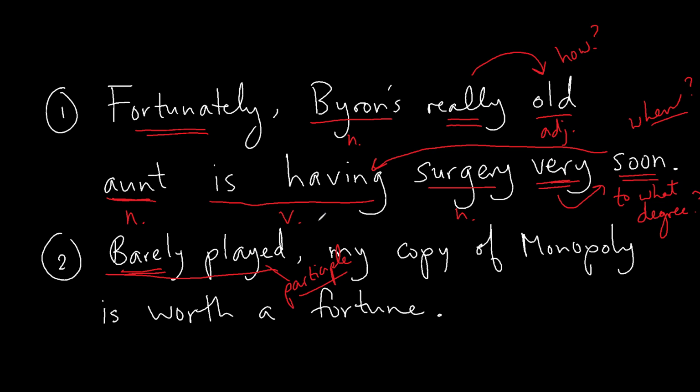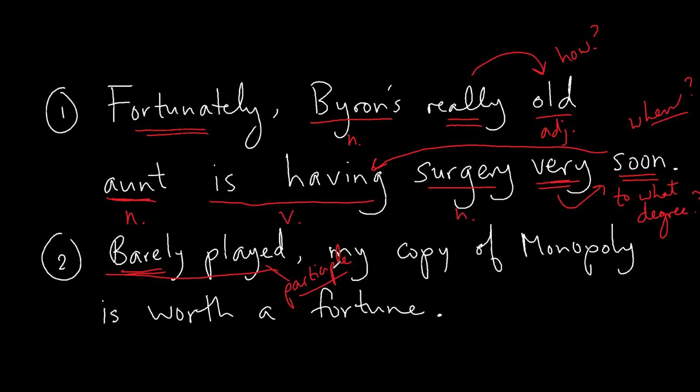So played to what extent, to what degree, barely played. And now we've seen in practice all the uses of adverbs. You can use it for a whole clause, you can use it for modifying the verb, an adjective, another adverb, and for verbals. All right, so that's it for adverbs, at least in terms of the introduction.